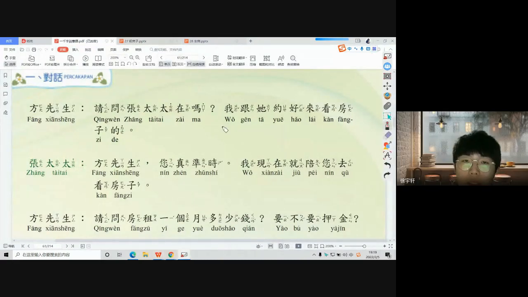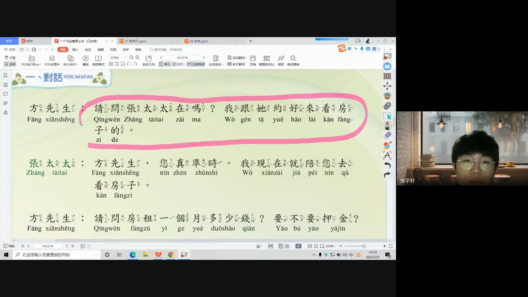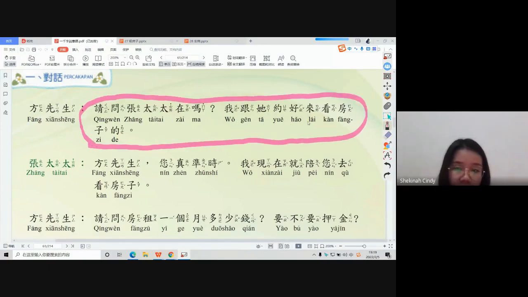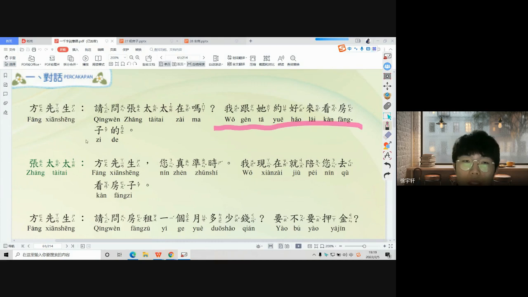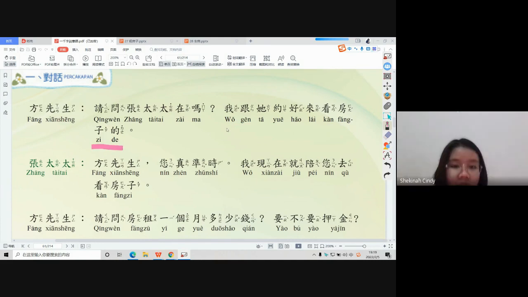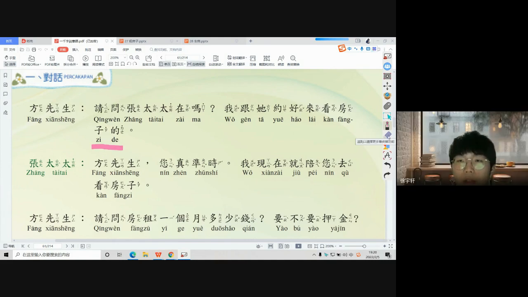So the first sentence, do you still have other questions remaining? No. Okay. So can you try to translate this one for me? The last sentence or the second sentence? Okay. She and I made an appointment that I will come to look at the houses. Yes. Okay.